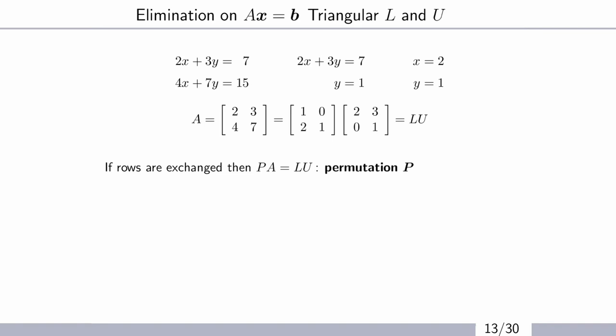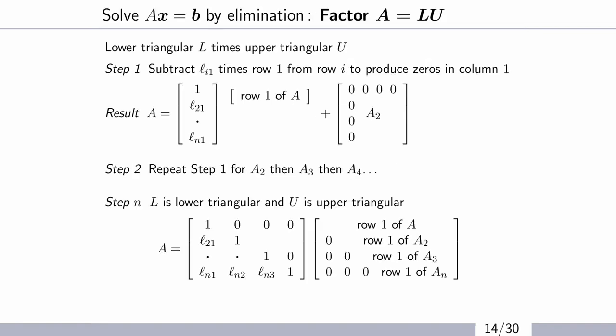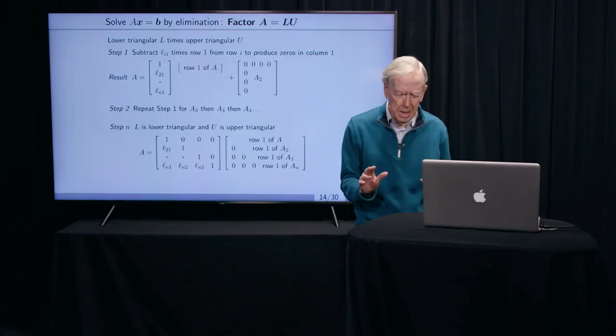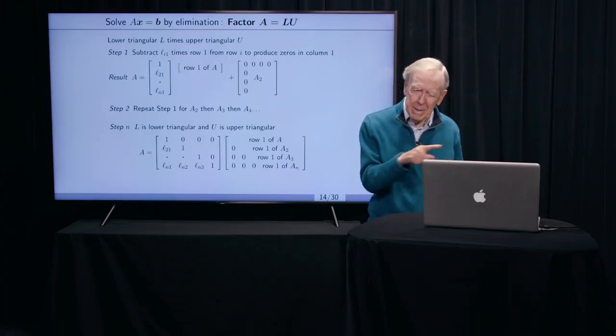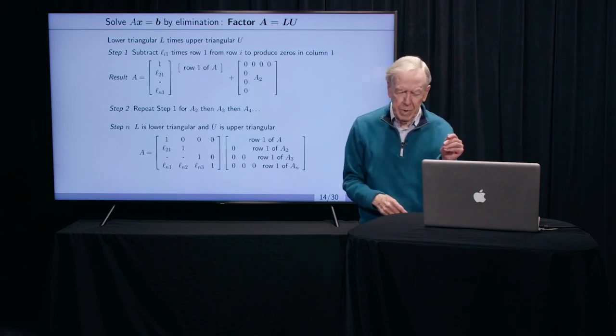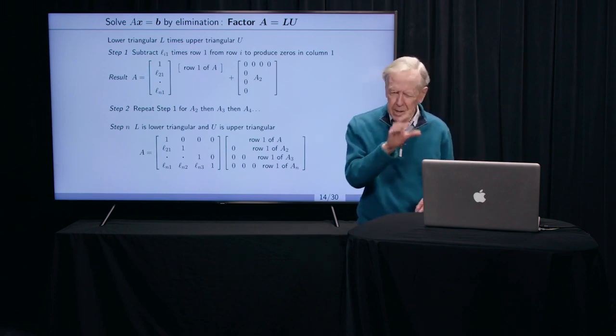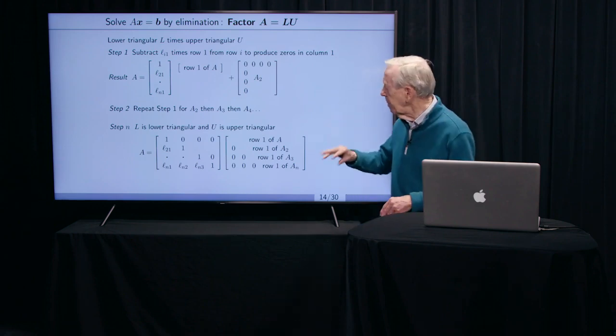We can't stop there. So linear algebra goes on to matrices of any size. And this is the way to find the lower triangular factor L and the upper triangular factor U. That would need more time. So all I want to say is, when you're doing elimination, solving equations, then in the back of your mind, or on the back page, you are producing an L matrix lower and a U matrix upper.